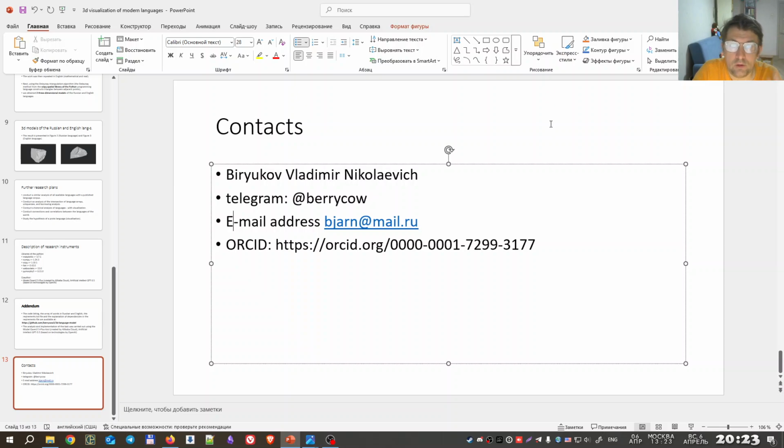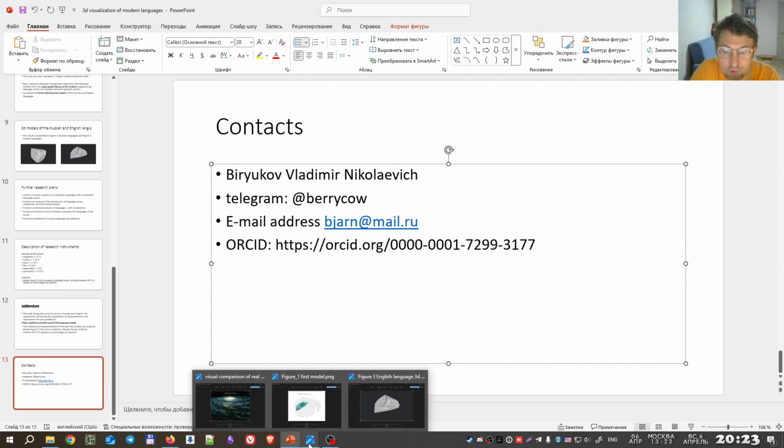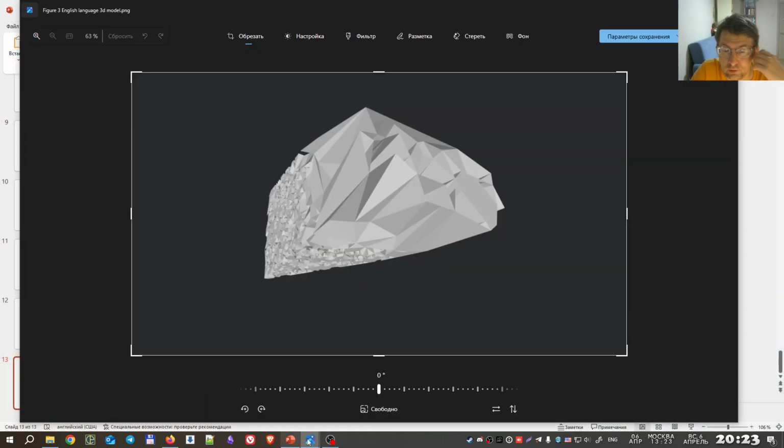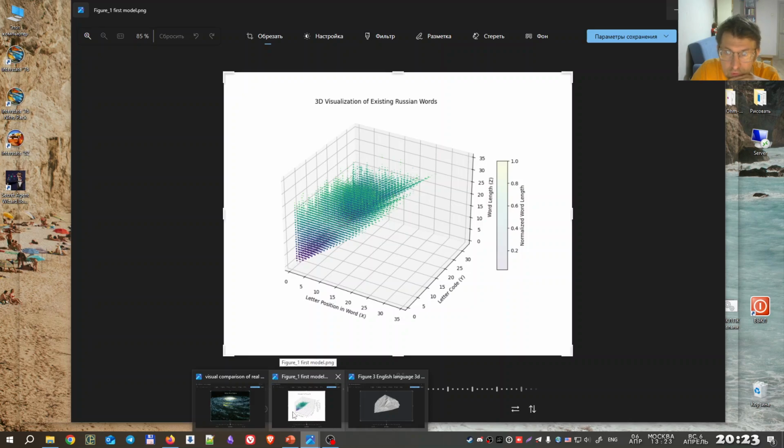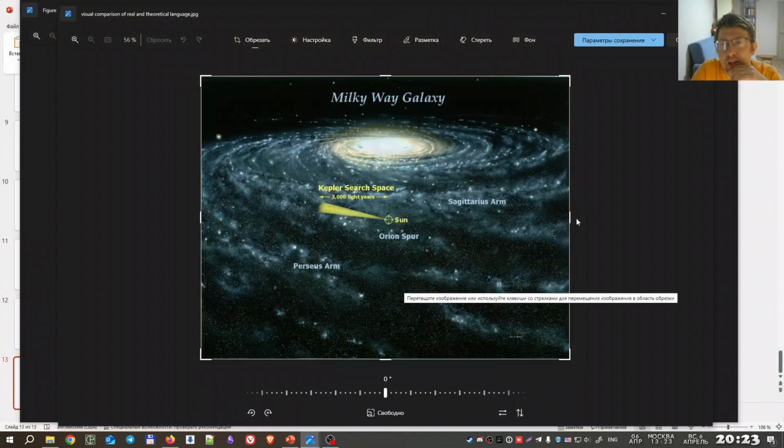Finally, I want to show you this. You have seen these figures already, and it's an idea with a visual comparison. We have a very big universe, but life exists only in the solar system on the planet called Earth. Pretty much the same thing exists in this idea.